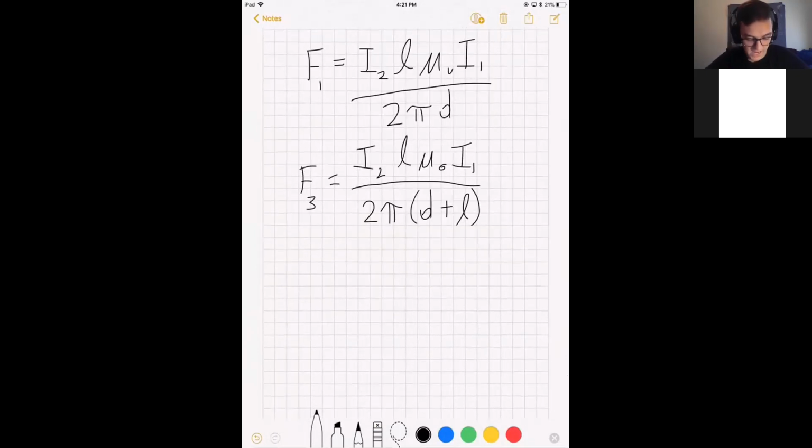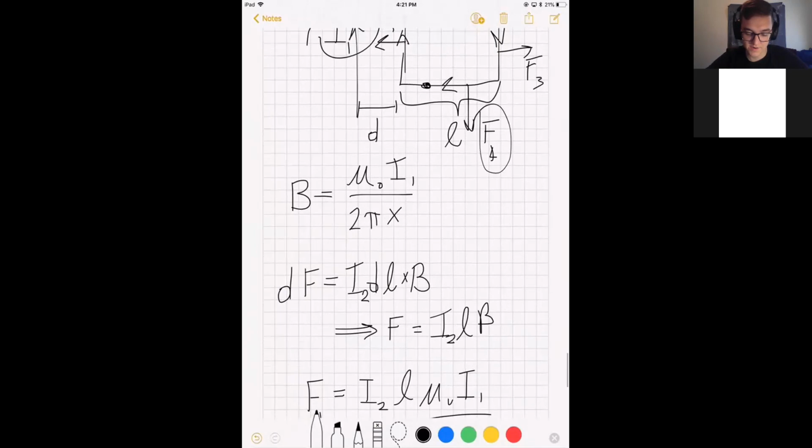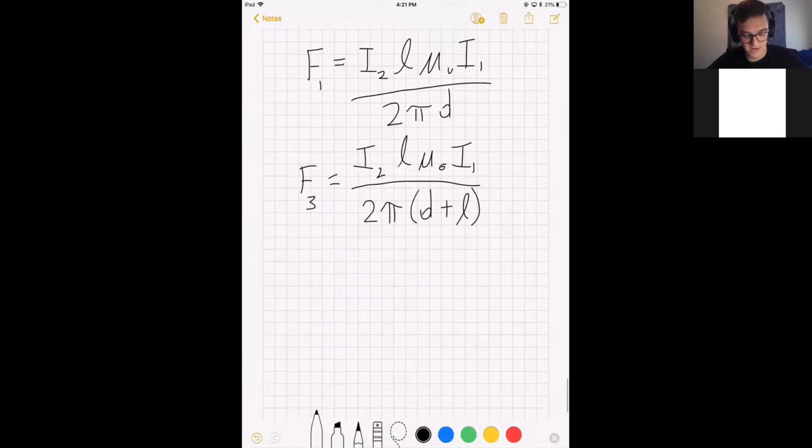We have that. Now we add these together. They're pointing in opposite directions. We'll say F3 is in the positive direction.